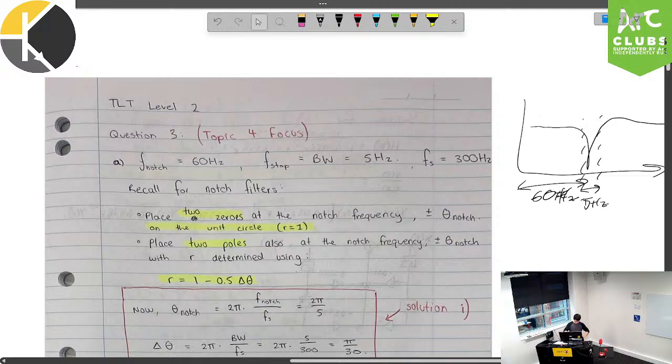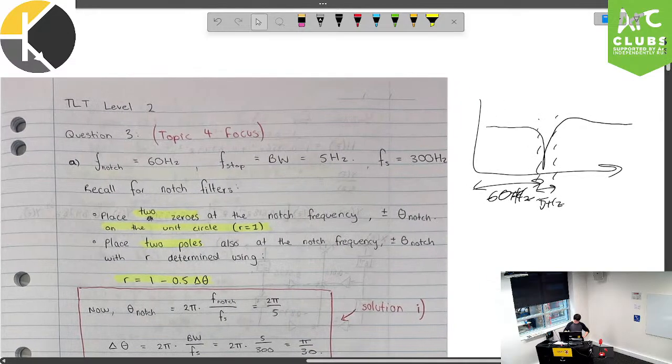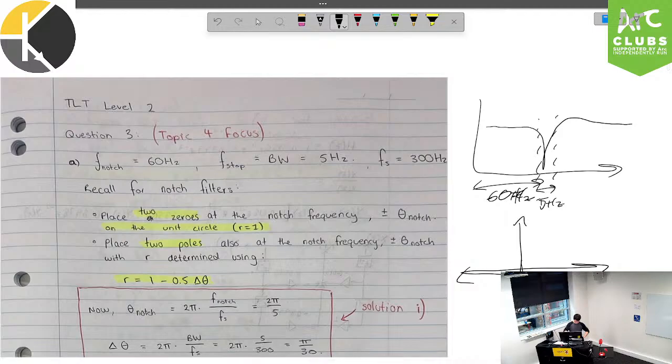So, first things first, we place zeros at the notch frequency. So, reconsider our digital unit circle. That's the one. We go ahead, 2 pi on 5. 2 pi on 5 is a bit more than pi on 2.